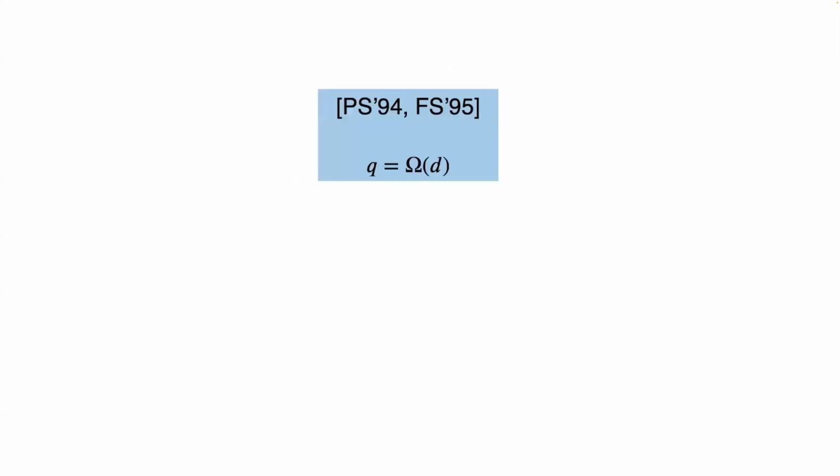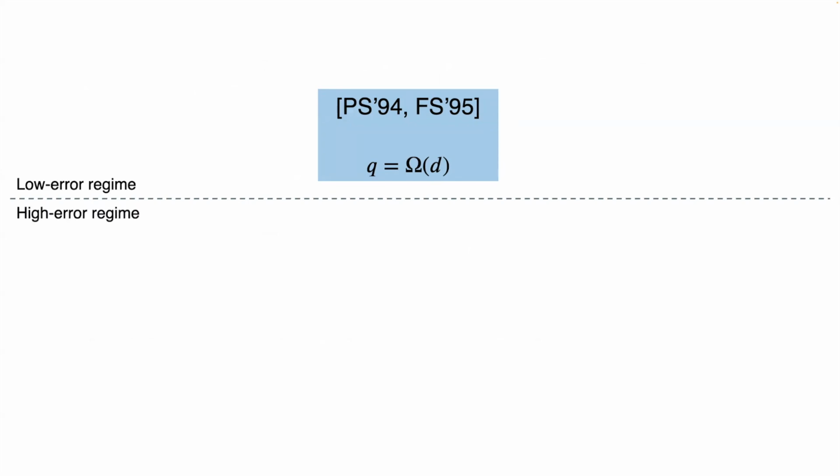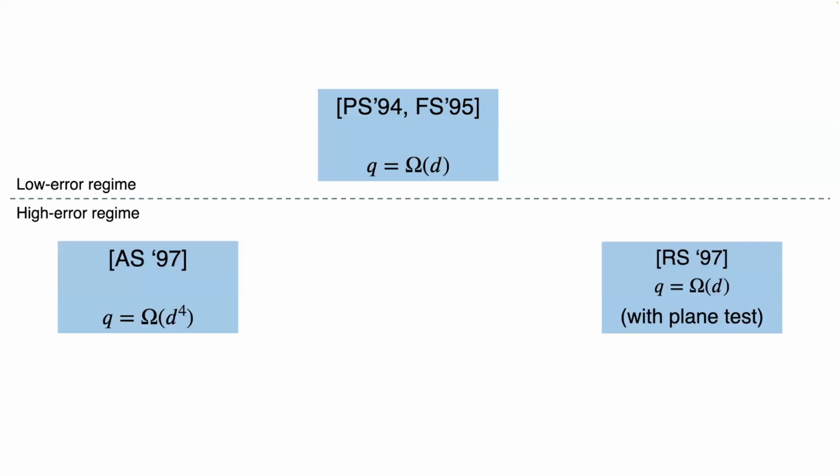So to put things in context, we have the results of Polishchuk-Spielman and Friedl-Sudan, which work in the regime where q is omega of d. And this is the low error regime for the low degree test. In the high error regime, we have the results of Arora-Sudan and also Raz-Safra. Arora-Sudan analyze the line point test, but require the size of the field to be at least as large as d to the 4.